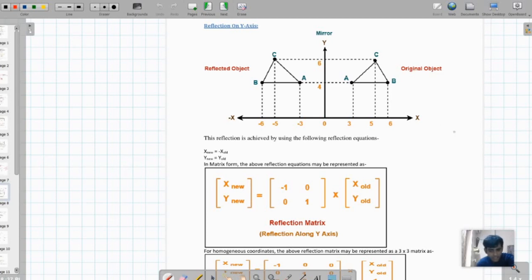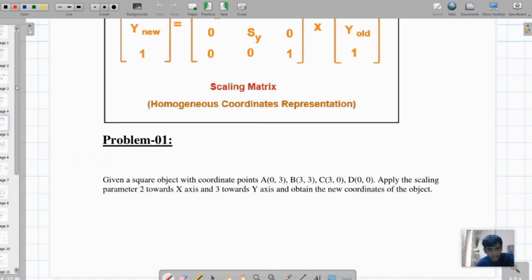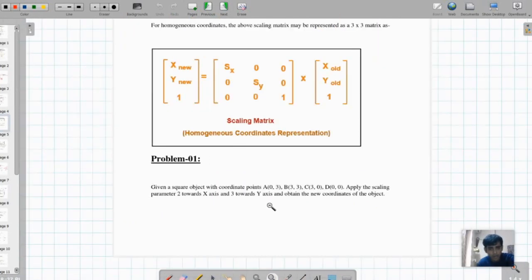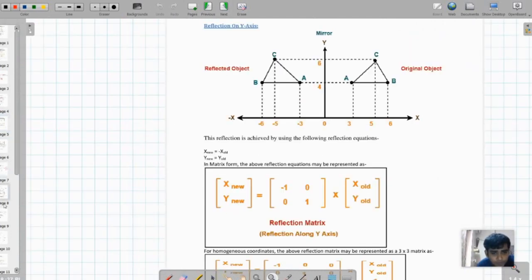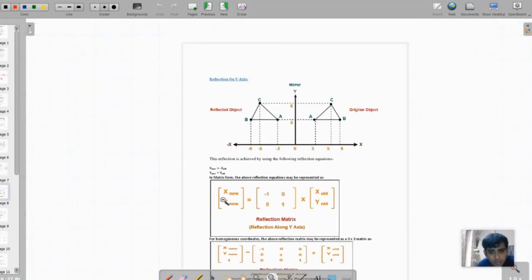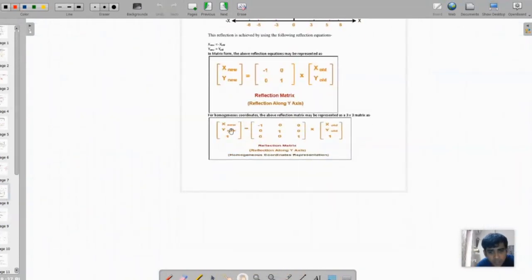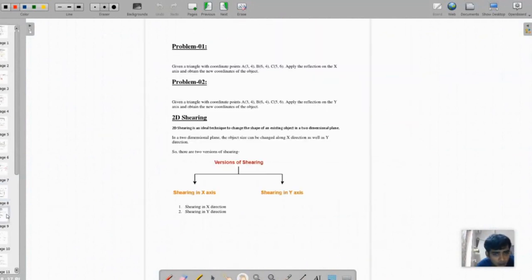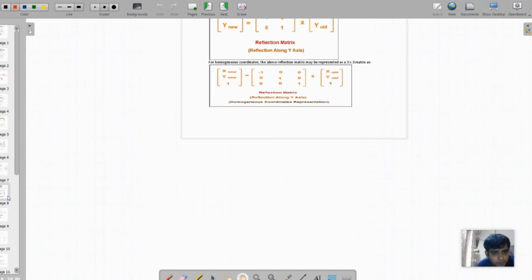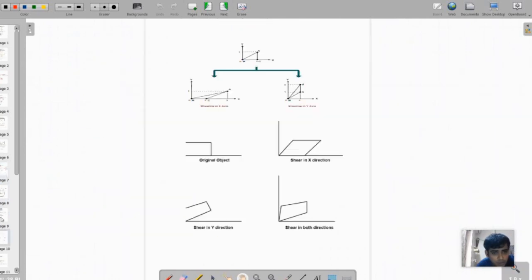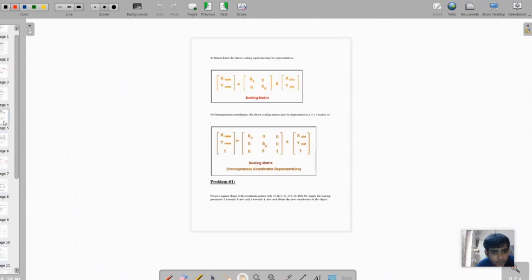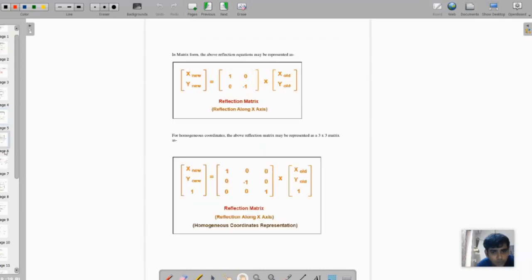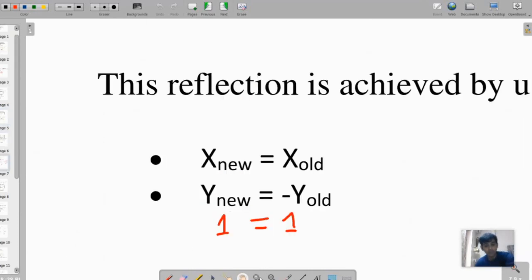For our previous discussion, we have reflected the object with respect to the axis, where has it gone? Yes, no, not here. It must be somewhere here. No, it is not here. Yes, here it is.